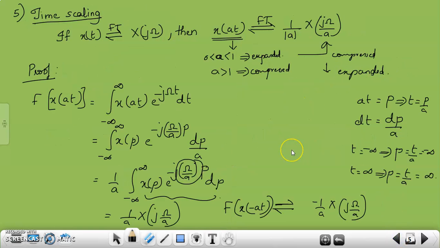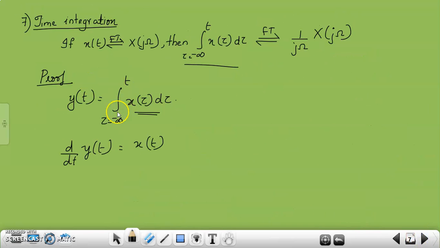If I am taking the Fourier transform of this equation, I can write the Fourier transform of x of t is equal to the Fourier transform of d by dt of y of t.